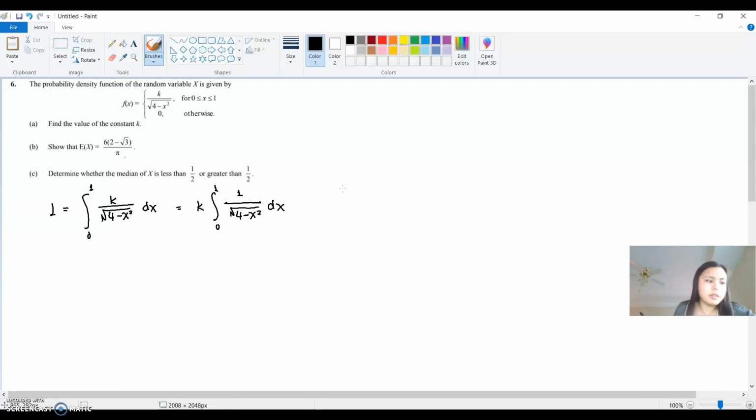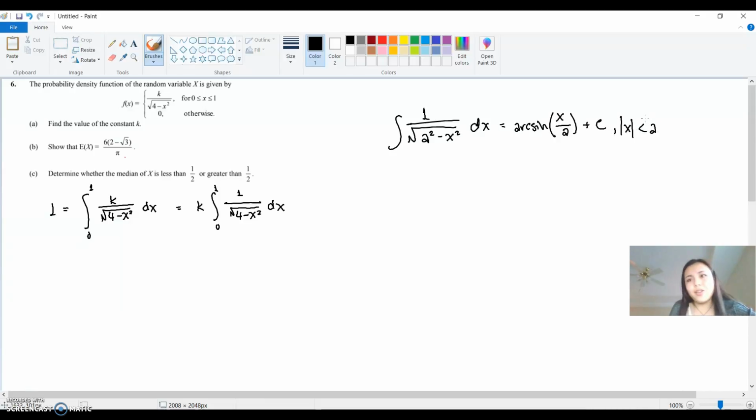Now if you look back in your formula booklet, there's a standard integral it gives you: the integral of 1 over the square root of a squared minus x squared dx equals arc sine of x over a plus c. Now, this perfectly matches 1 over the square root of 4 minus x squared.